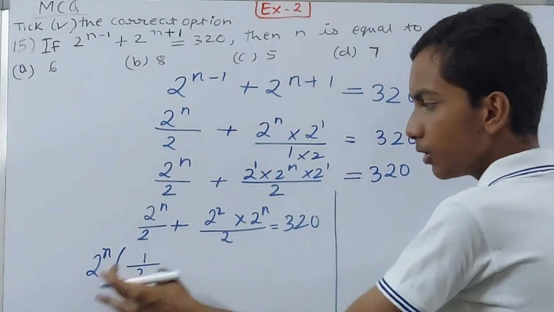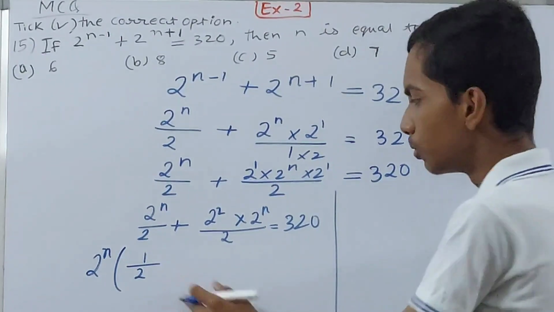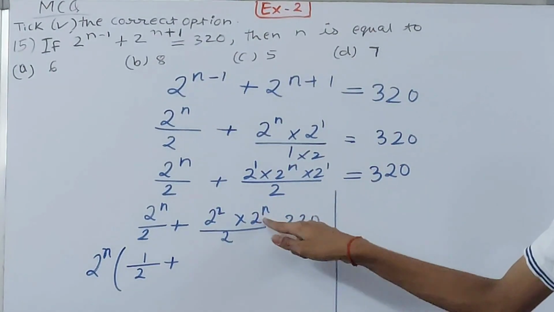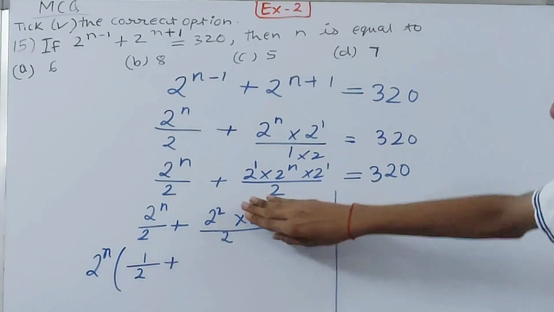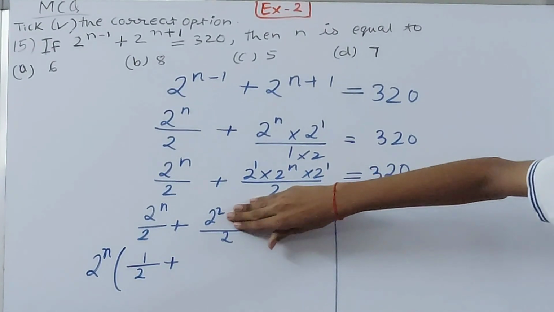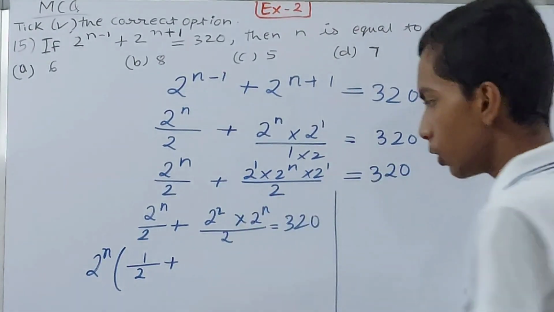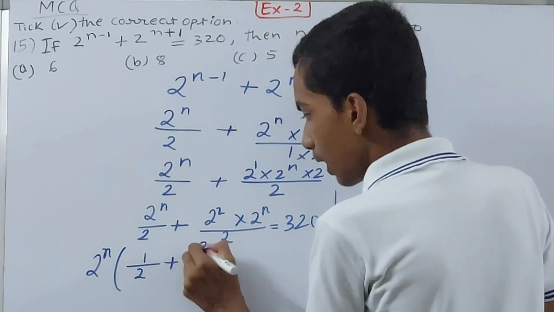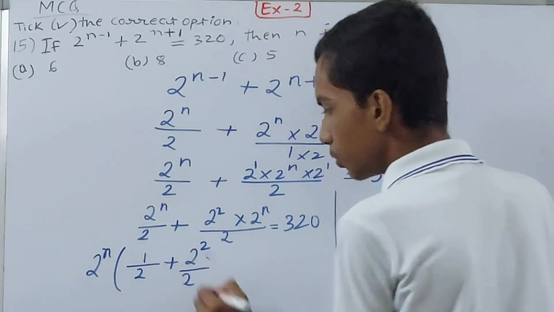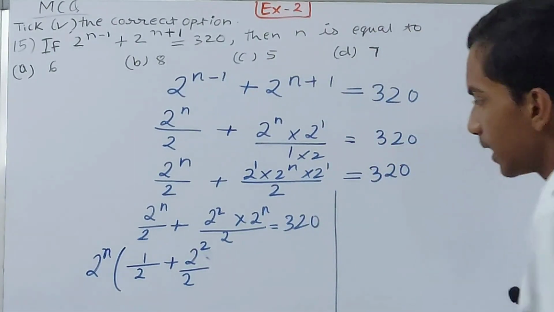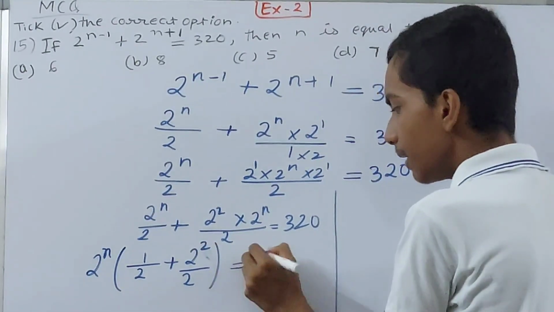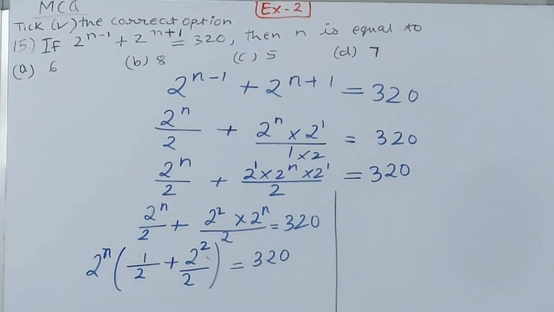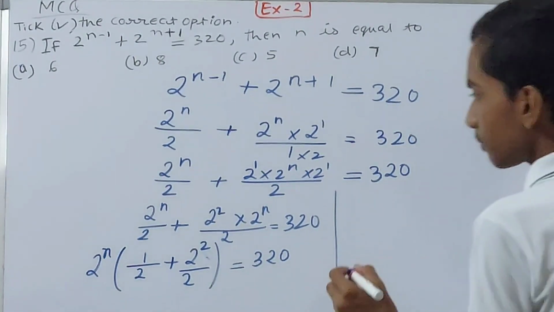So 2 to power n was taken away, we are left with 1 by 2 plus here 2 to power n is taken away, what are we left with? 2 square upon 2, you can see. So we write that down, 2 square upon 2, right? This we have written. Now we will close this bracket and right hand side 320 will come down as it is. Don't change anything in 320.